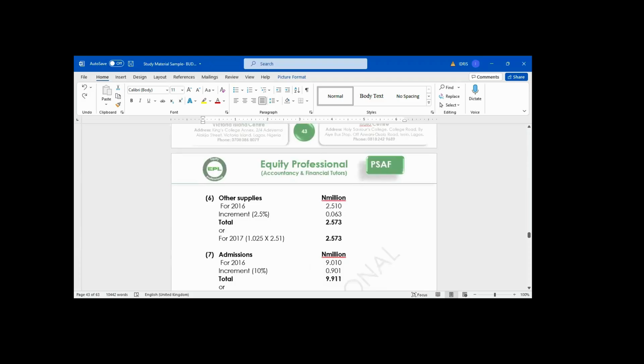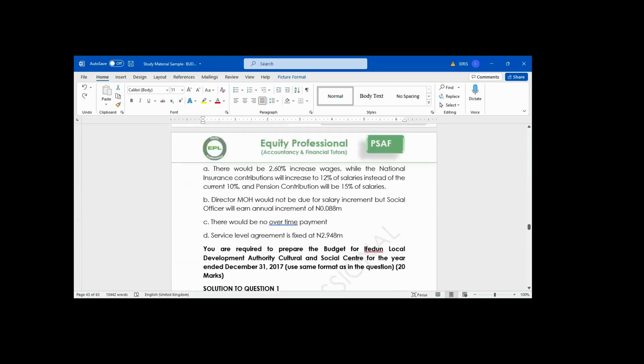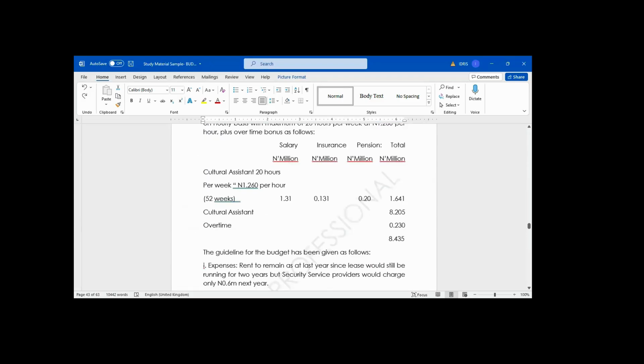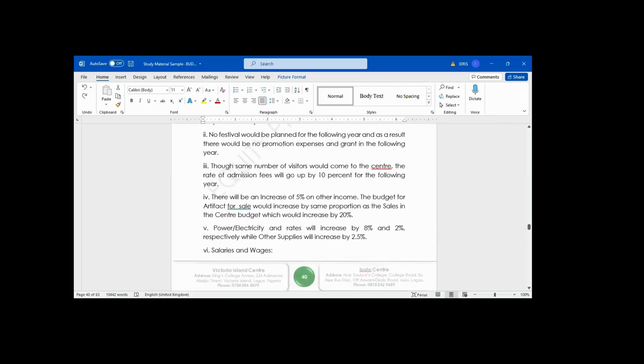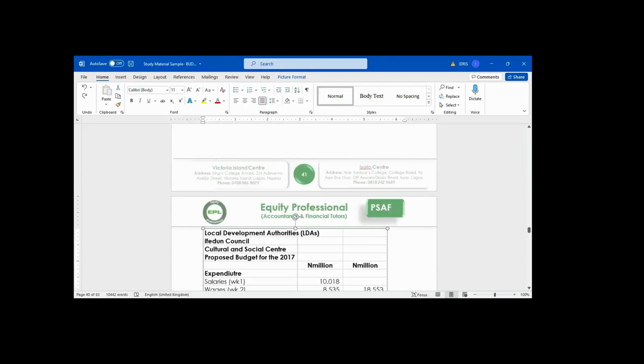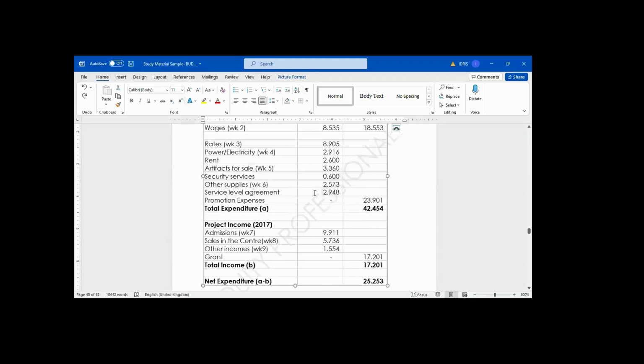Note 1. Read it out. Security services providers will charge only 0.6 million next year, which is for the 2017 budget. So this one does not require any workings. We just go to the security service in front of it. We write 0.6 million.